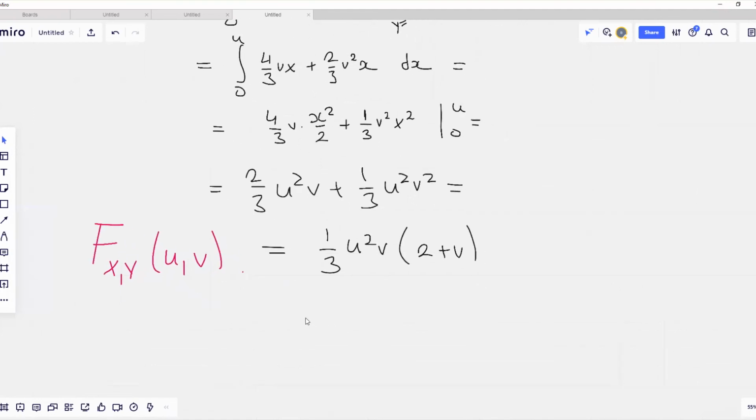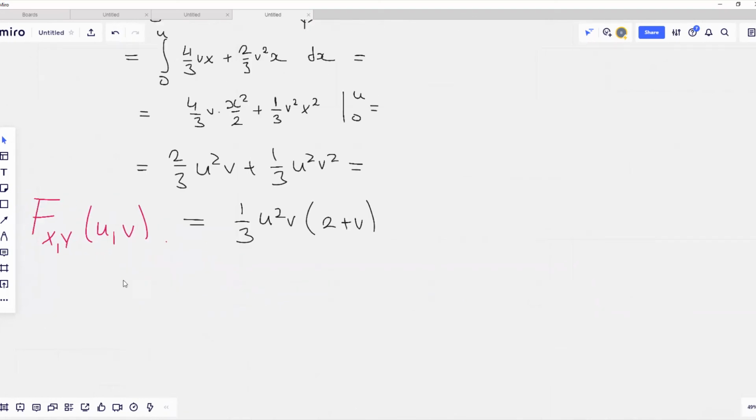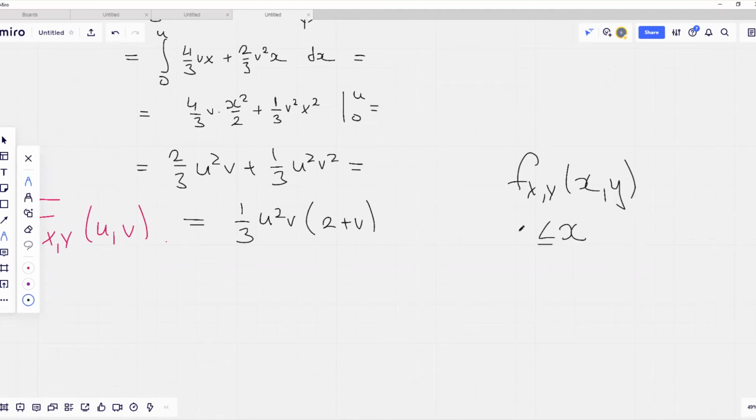Now let's show the intervals where our CDF is defined. Before we proceed, we have to be a little bit careful here. We know that our joint PDF of x and y has non-zero values only in interval for x from 0 to 1 and for y from 0 to 1.